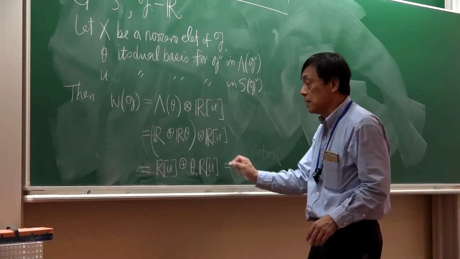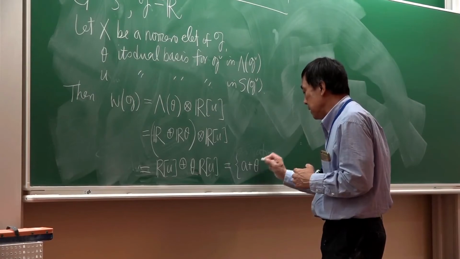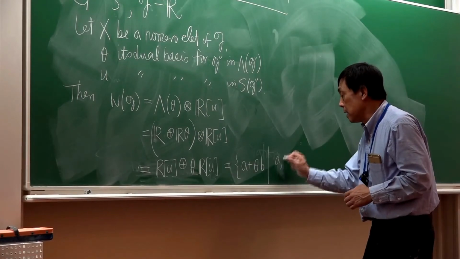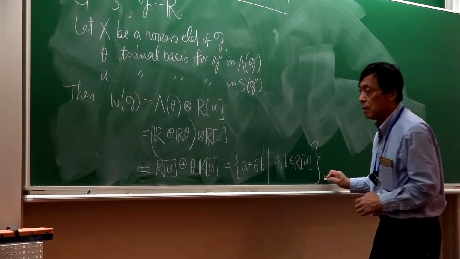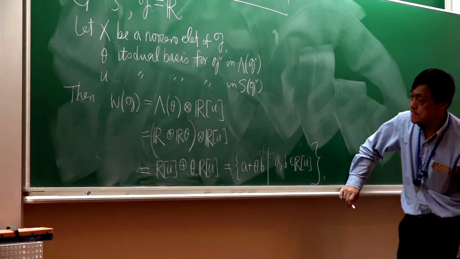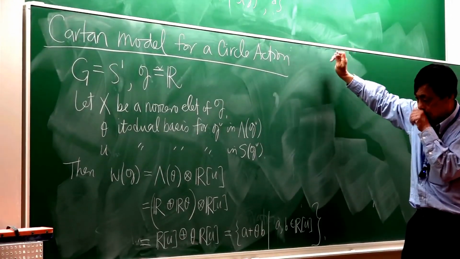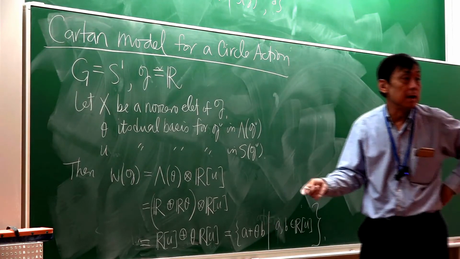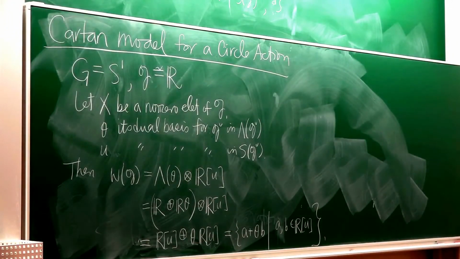Okay, so an element of the Weil algebra is A plus theta B, where A, B are polynomials in U. Okay? And let's now work out the horizontal elements and the invariant elements.